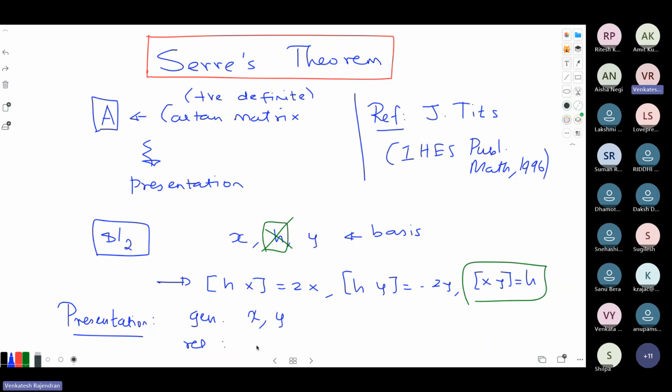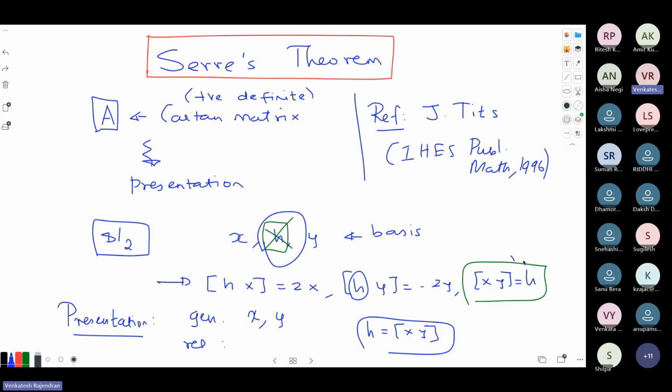So then I have to write, you replace this h by the bracket [x, y] in the relations. But the thing is, this is not the presentation that Serre is talking about. This is something small, but that is because this Cartan is indeed a small Cartan, one-dimensional.